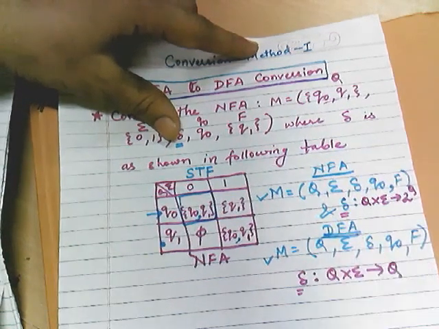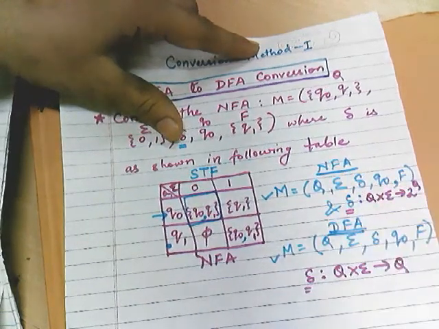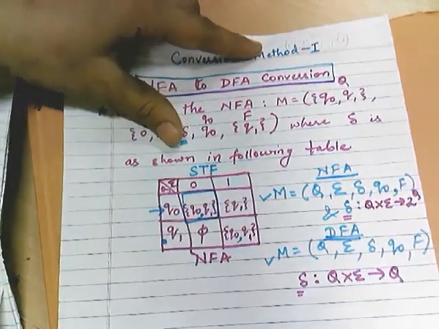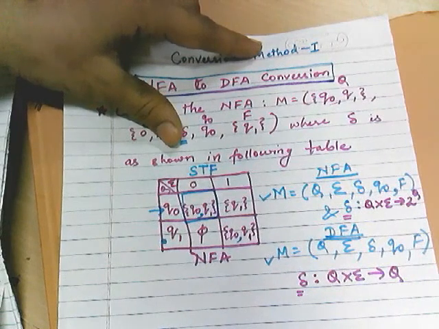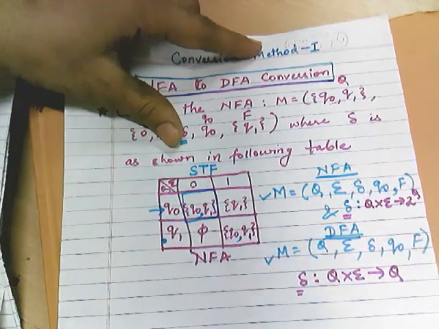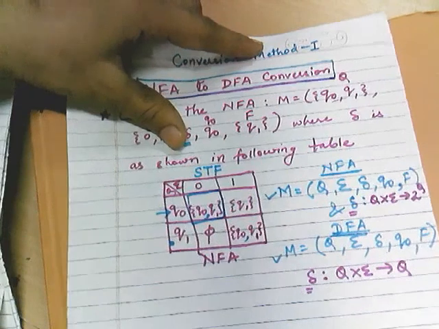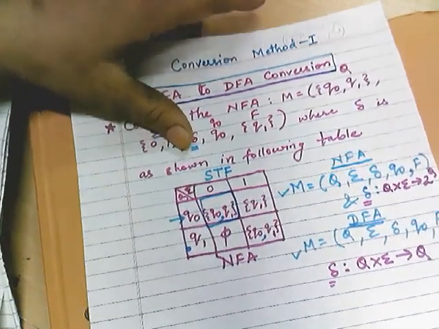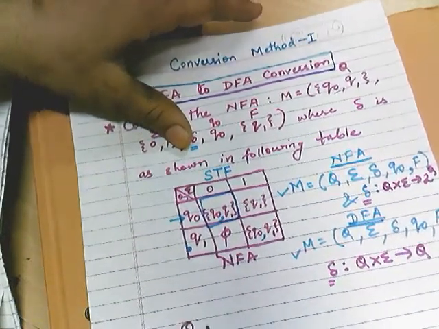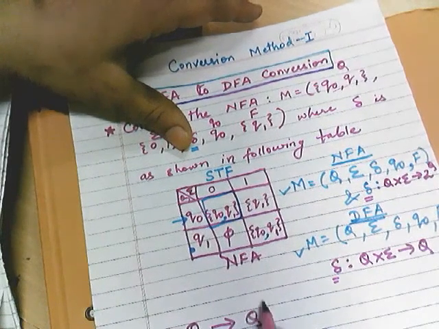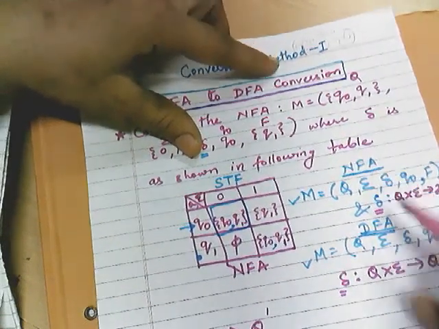So here when we are converting NFA to DFA, we have change in how many things? We have change in the Q dash. So our very first change is we have to change Q to Q dash. Now this Q dash belongs to NFA or DFA?